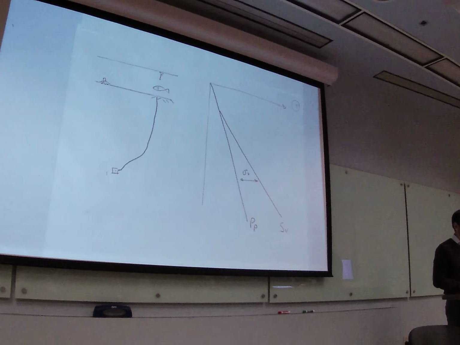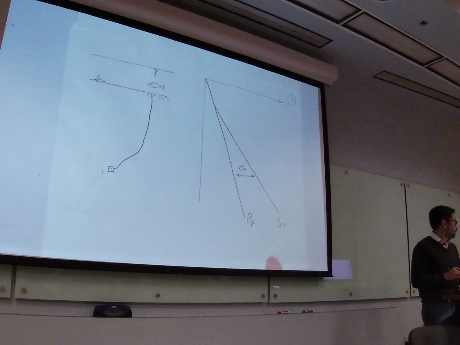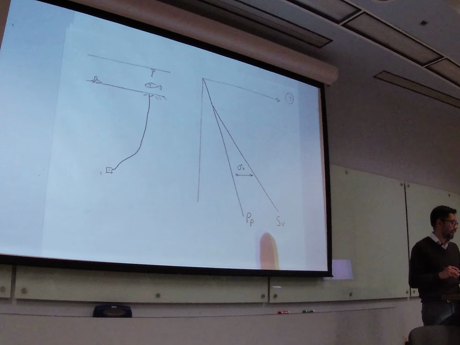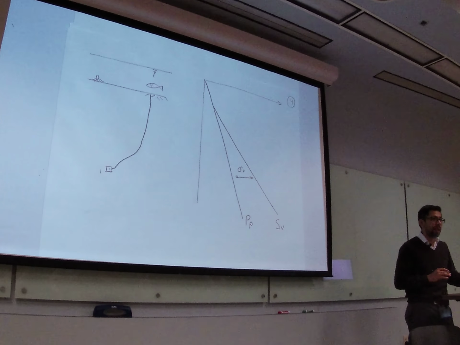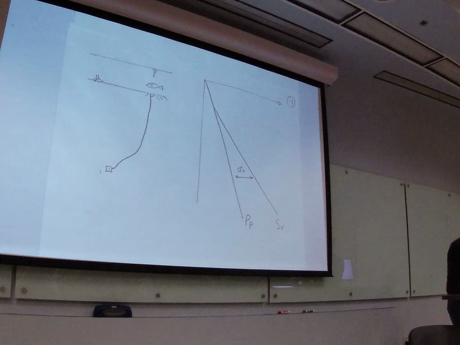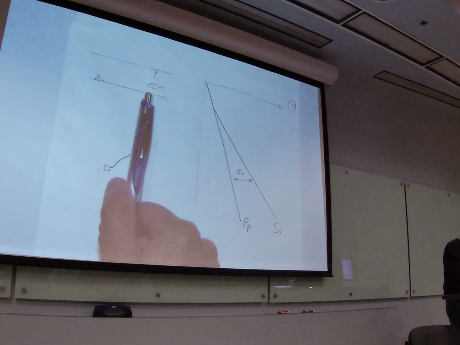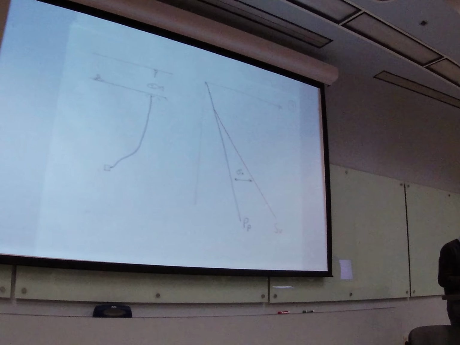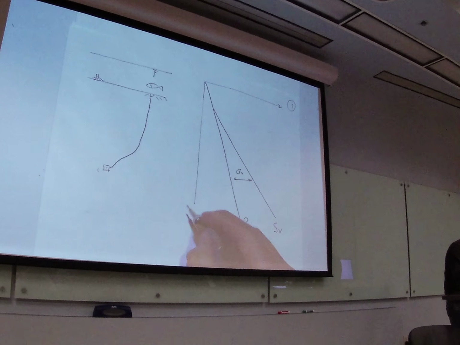Now our objective is to calculate vertical stress and effective vertical stress with depth, but it's not the same as what we had before. Pore pressure, if we assume it's hydrostatic, and the pore space is still connected towards this free surface, is going to be the same as before: density of water times G times depth.